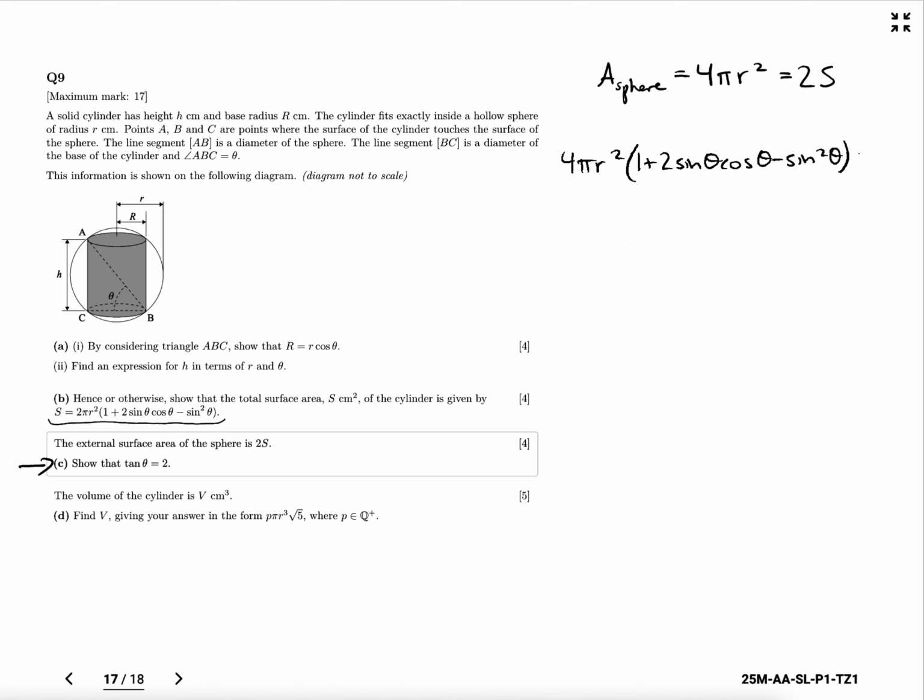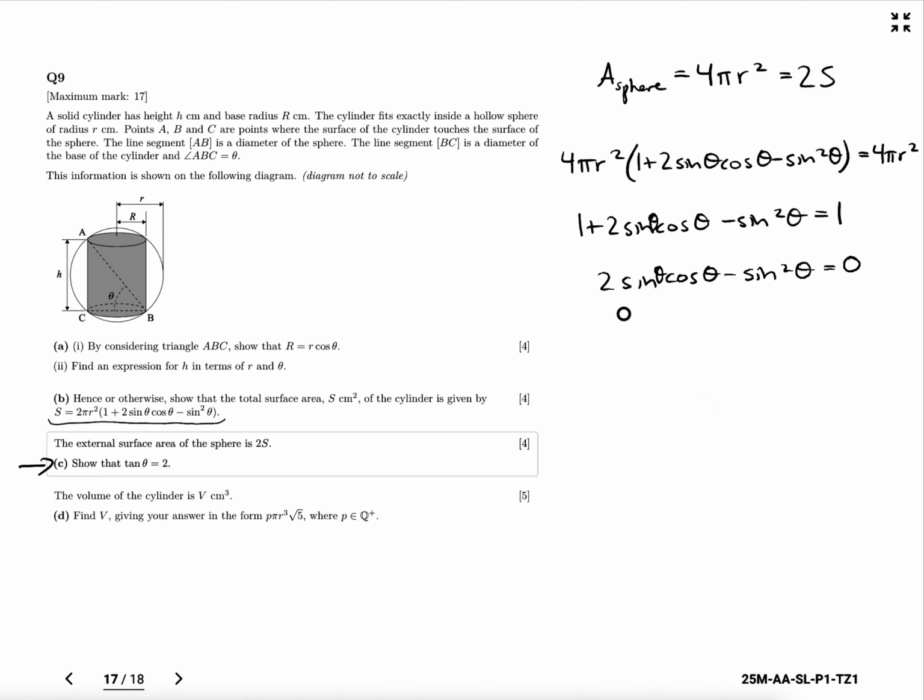So we're dividing by 4 pi r squared on each side, which means that we're left with a 1 on the right hand side, and we also have a 1 on the left hand side. Now we're subtracting 1 from each side. We get 2 sine theta cos theta minus sine squared theta equals 0.